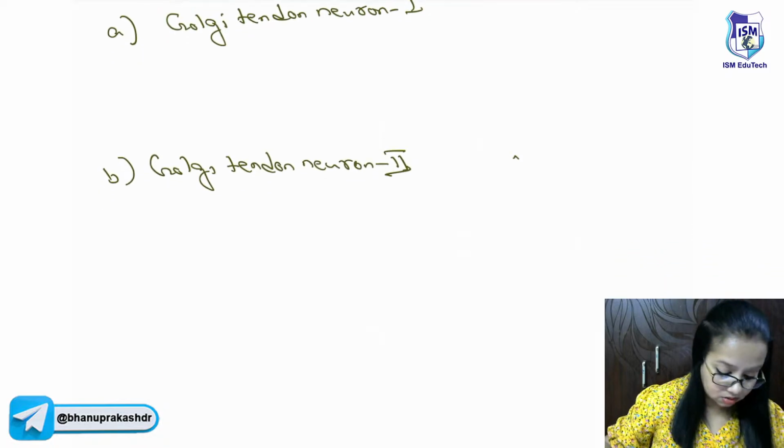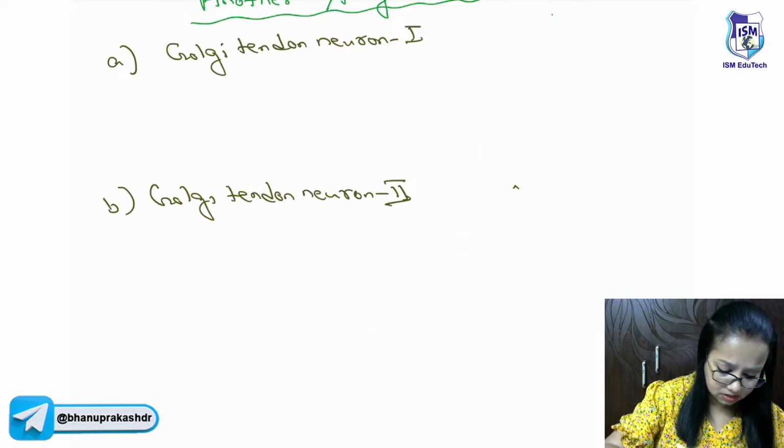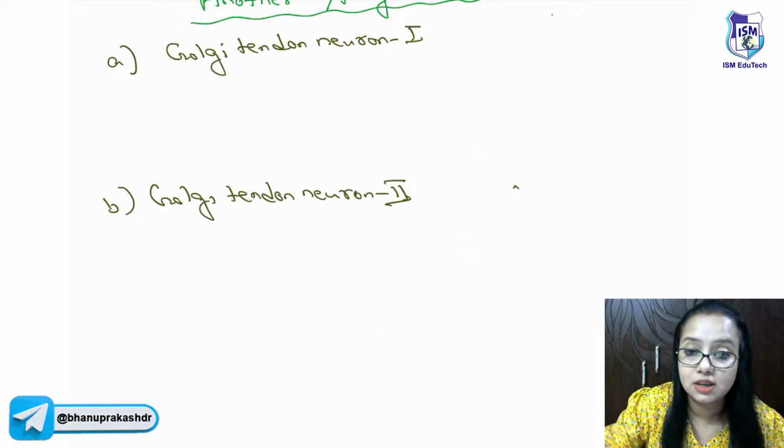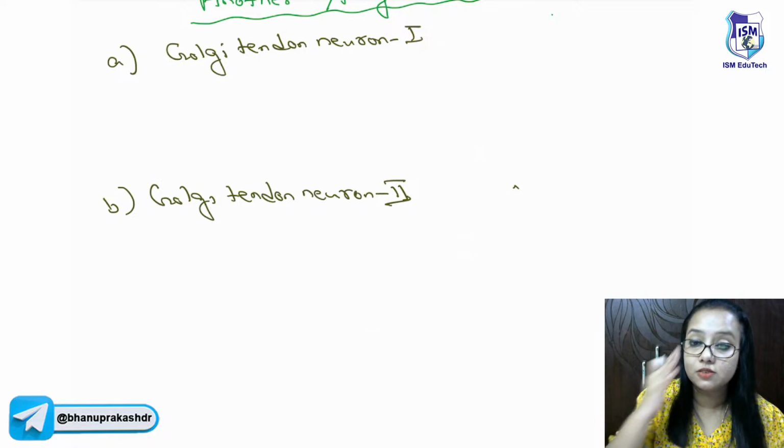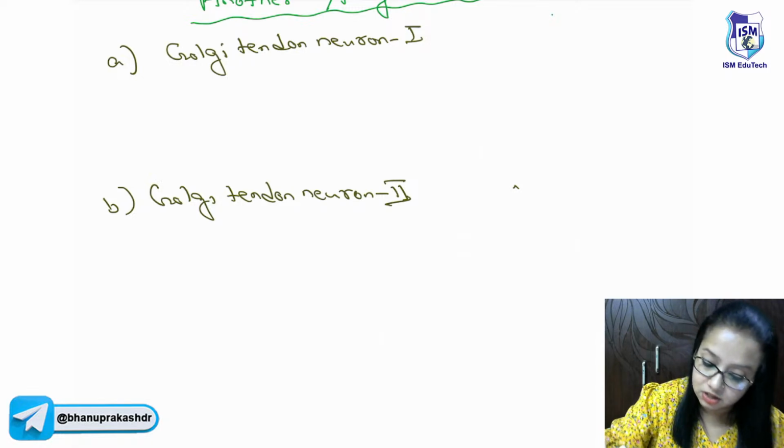I'm sure some of you have heard the name of this. Can you come up with examples where these Golgi tendon neurons are found? Now, this Golgi tendon neuron, or Golgi type 1 neuron, is usually long.